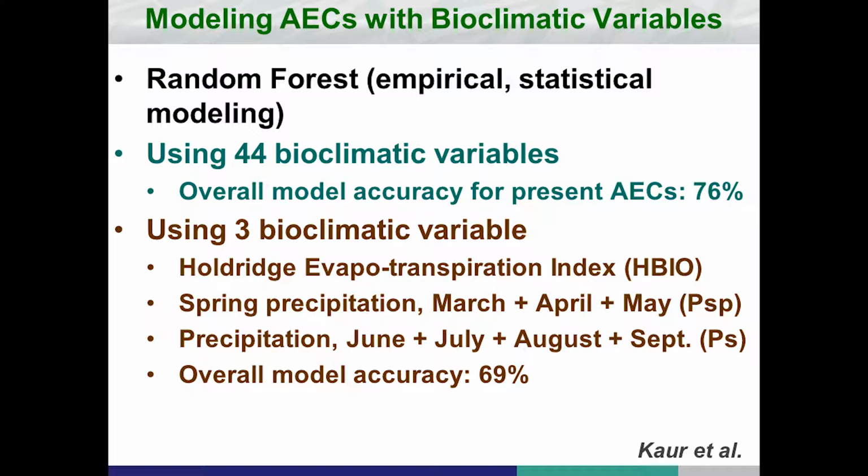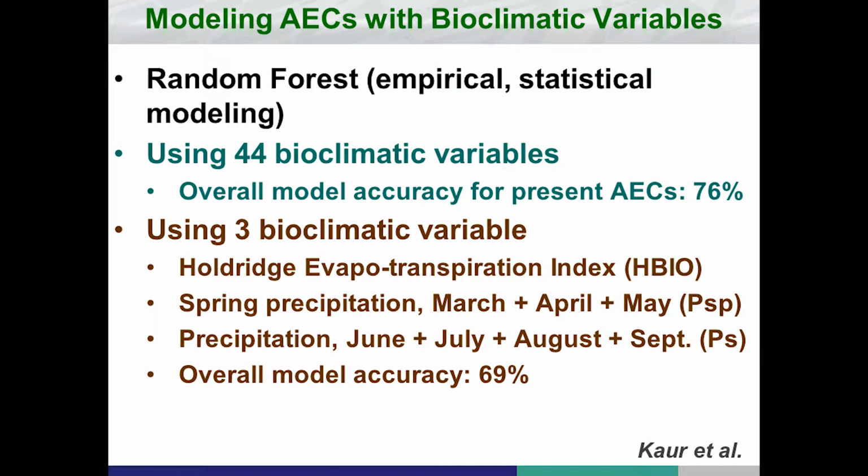We used 44 different bioclimatic variables that are important for Mediterranean kinds of climates. So these are bioclimatic variables that have been identified as being important in our particular climate for the biology that we see expressed. And using all 44 of those bioclimatic variables, the overall model accuracy for basically predicting where these different classes would be, explaining the variability of those classes, was about 76%.